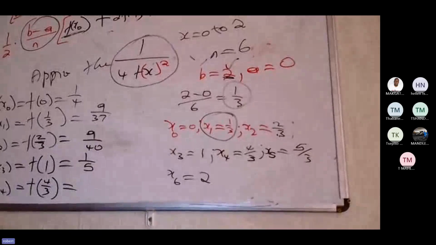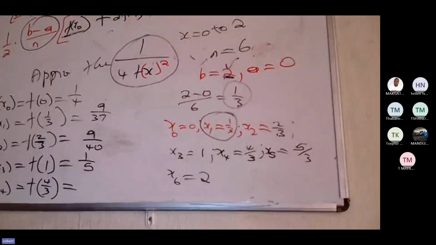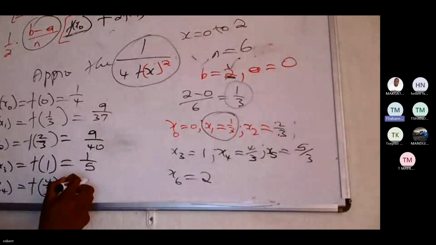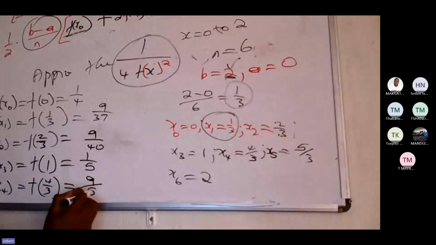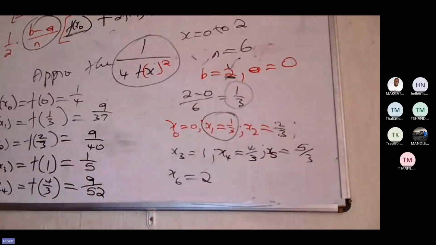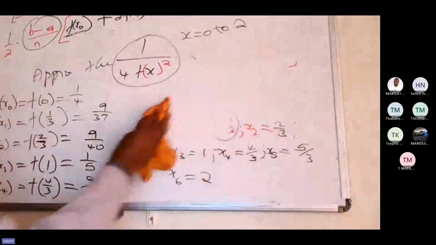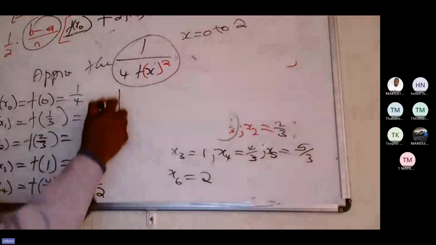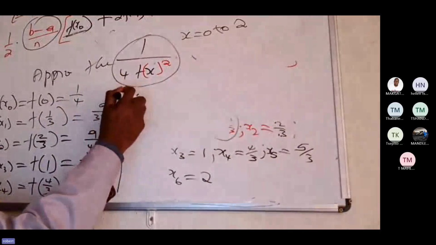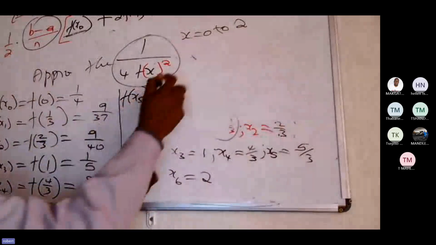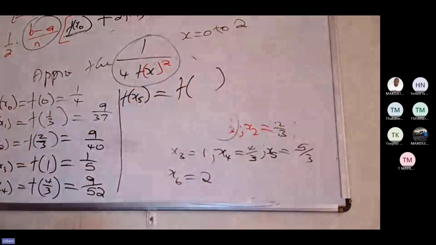So what is the answer? Now I trust you. I'm just going to write whatever you say. 9 over what is the answer? 9/52. If you have something different, you tell us. Now say f of x5. What is x5?